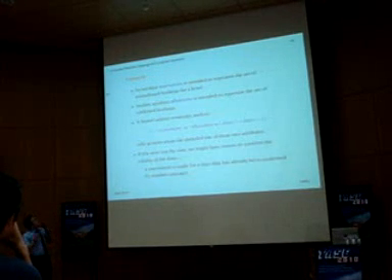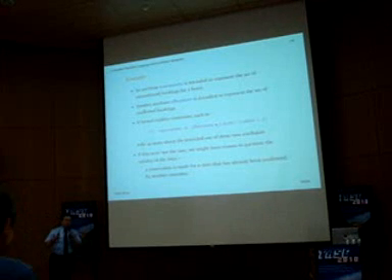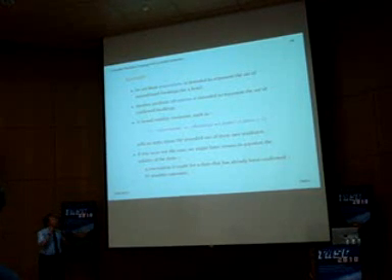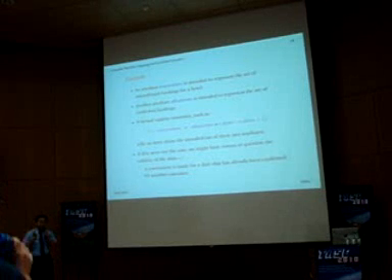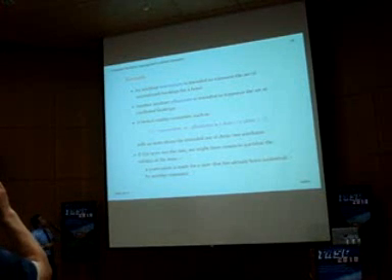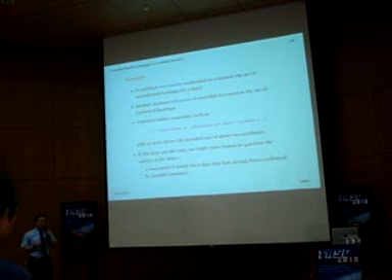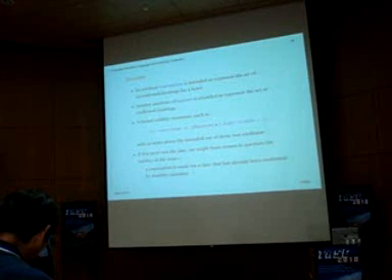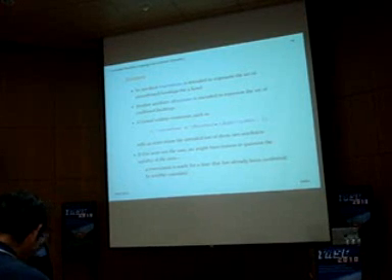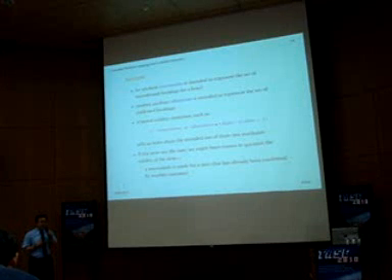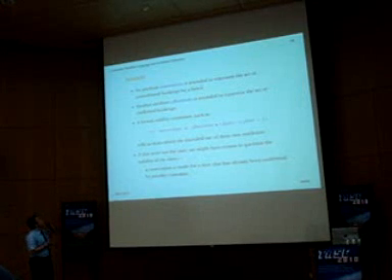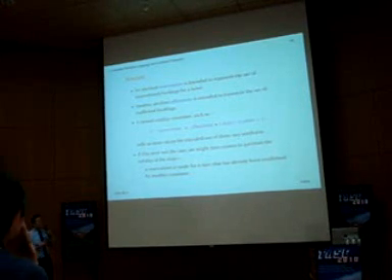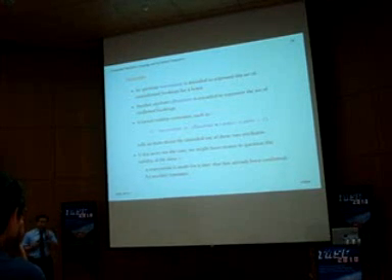Now, let me give you one example. Let's say we have a hotel booking system, and what we are storing are two attributes. The first attribute is reservations, which represents the set of unconfirmed bookings of a hotel. The other attribute is allocations, which stores the set of confirmed bookings.